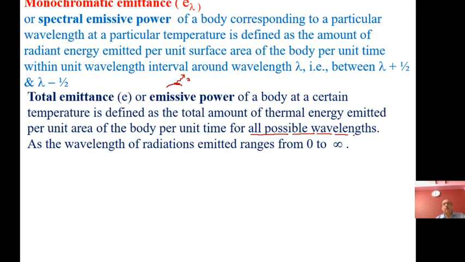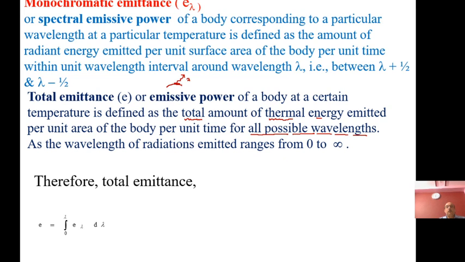So emissive power of the body at a certain temperature is defined as total thermal energy emitted per unit area per unit time for all possible wavelengths. So what we will do, we will integrate the monochromatic emission with respect to the wavelength.